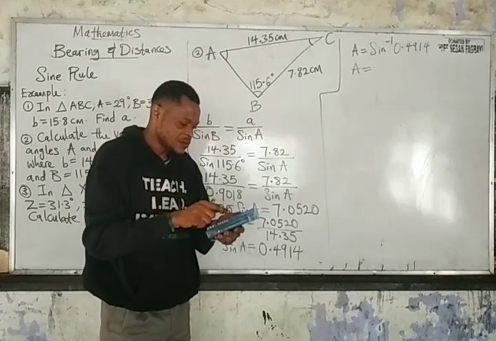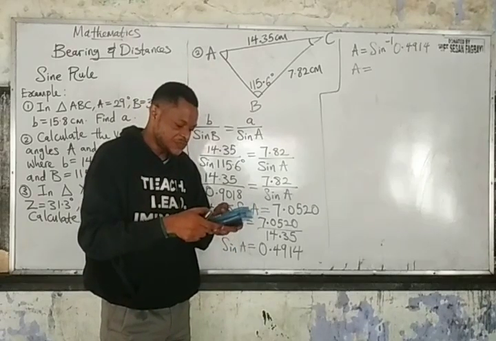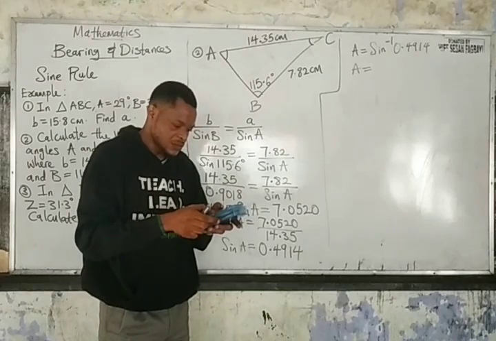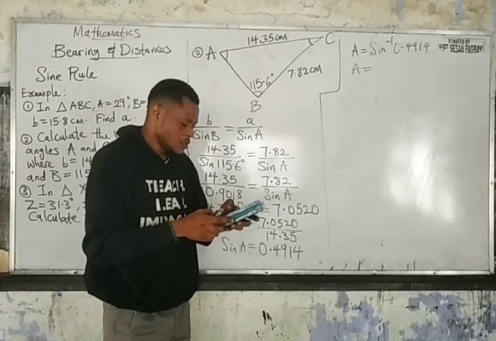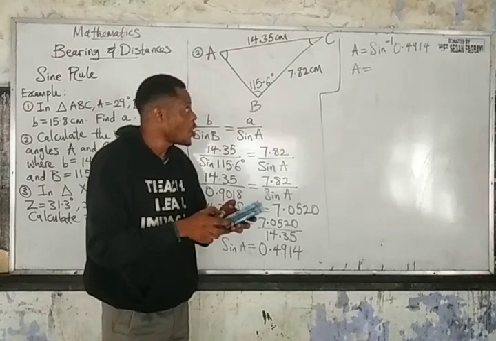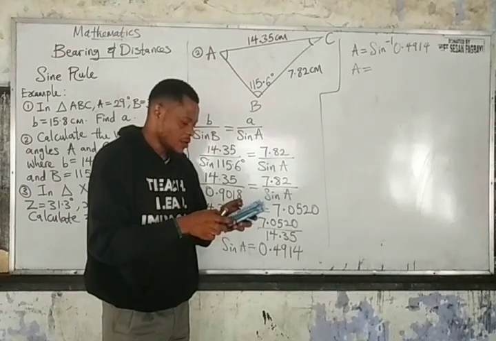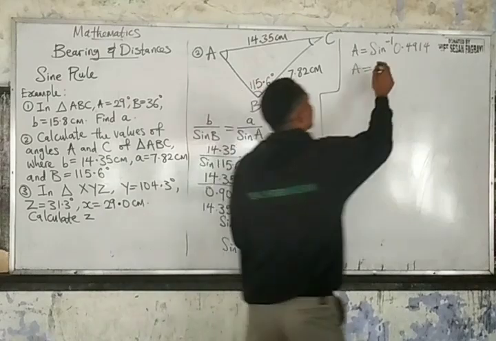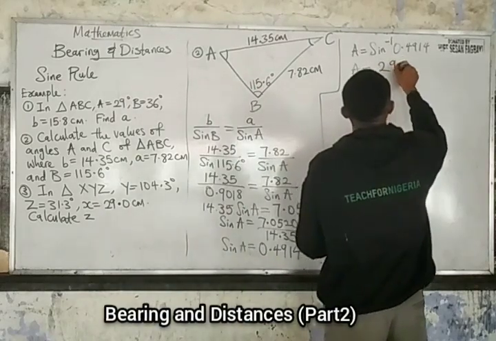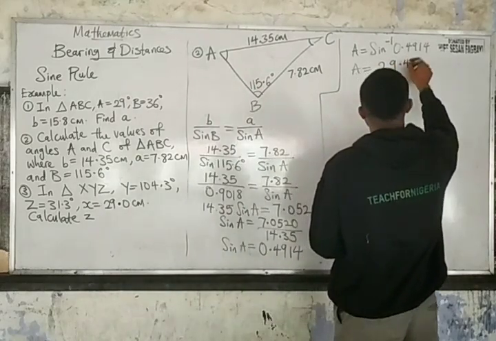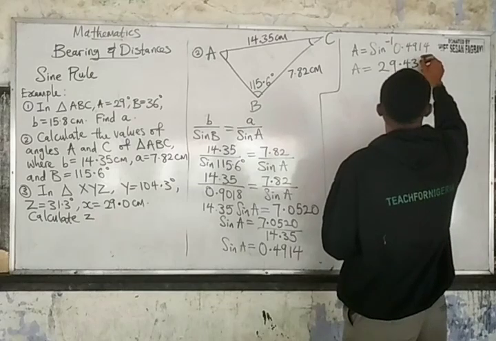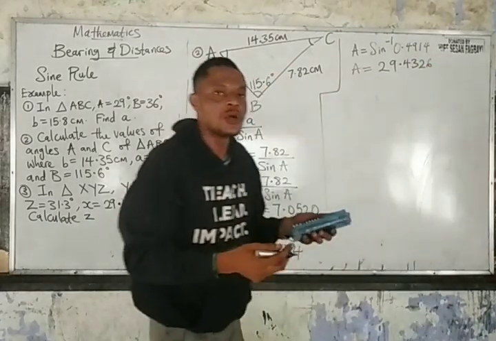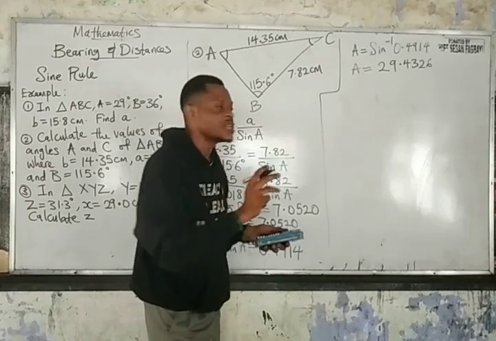So I have the shift, then sine, 0.4914. So we have angle A to be equal to 29.43. Like I said earlier, I want to leave my answers in two significant figures.